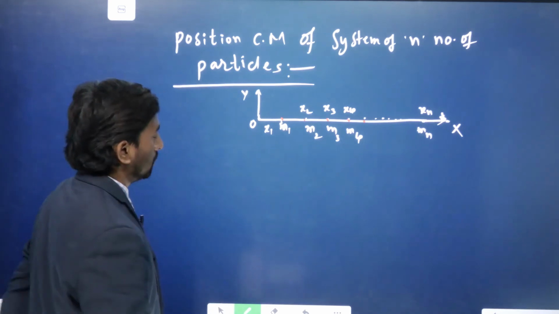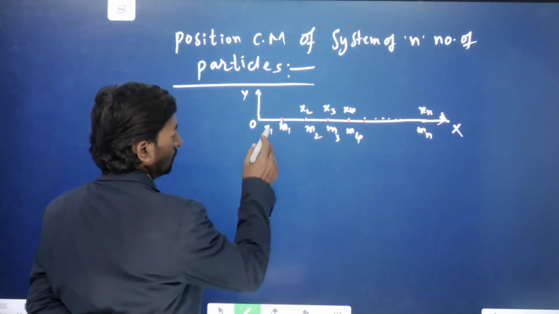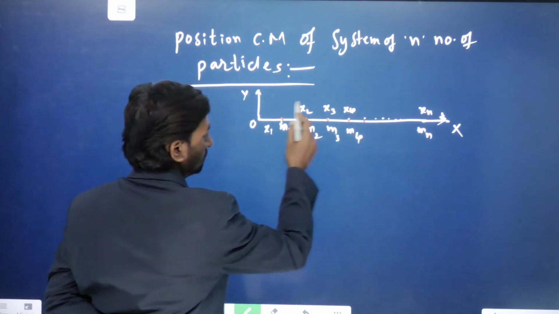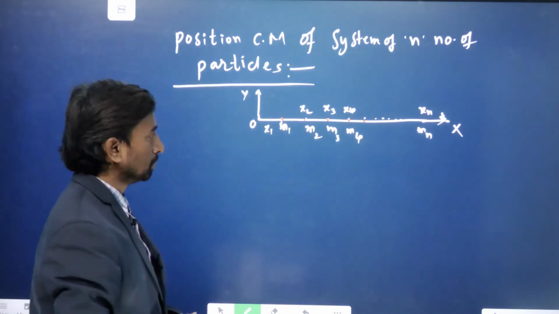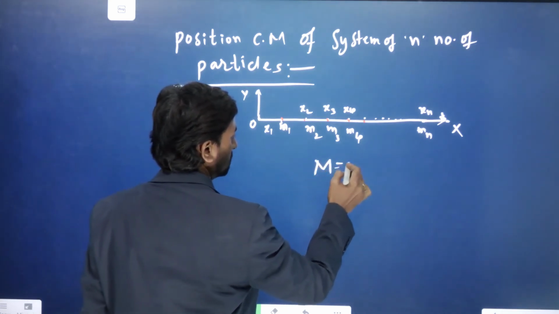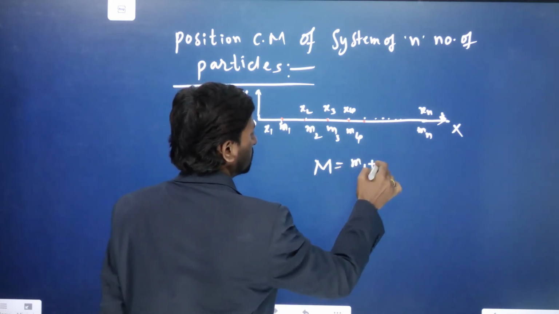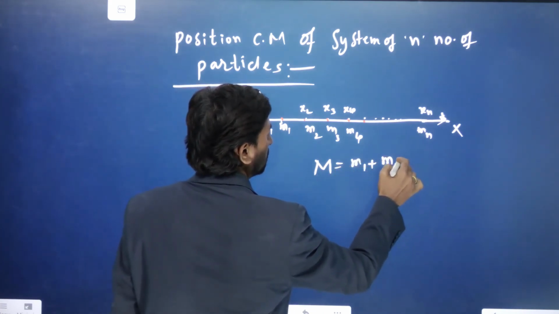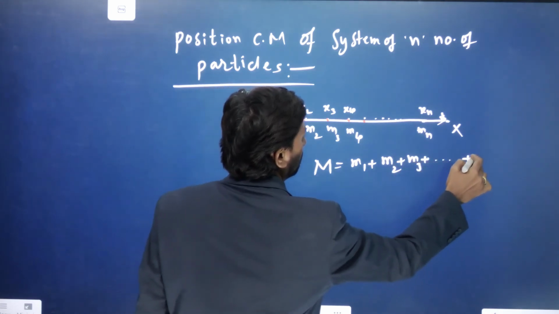So how do we find the center of mass? From the principle of moments, we know that the mass of the system of n particles can be represented by capital M, which is equal to m1 plus m2 plus m3, and so on up to mn.